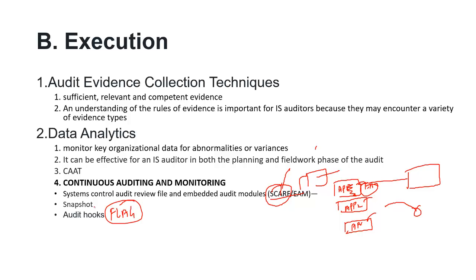The next one, second last, is ITF, which processes test transactions to update dummy records. Any question in the exam talking about using dummy records to validate the controls is ITF, integrated test facility. We are not using actual records; we are using a dummy transaction and seeing whether controls are working effectively or not.